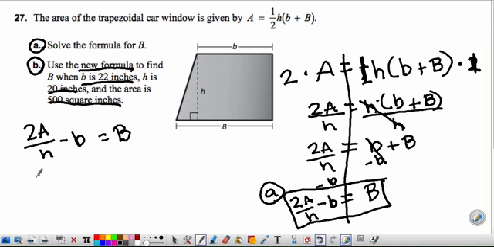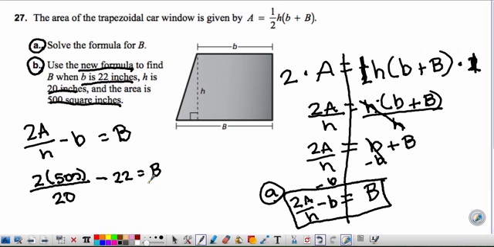So we're just going to fill that in. We have 2 times our area, which they said was 500, divided by h, which they said was 20, minus the small b, which they told us was 22, and that's going to equal big B.